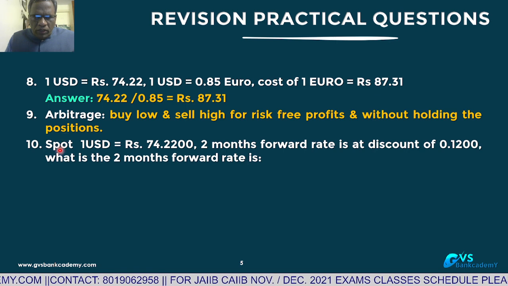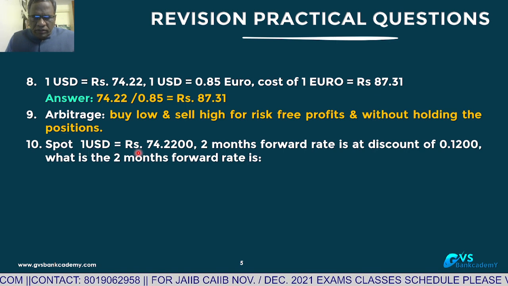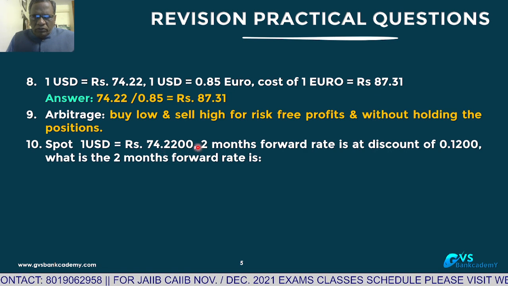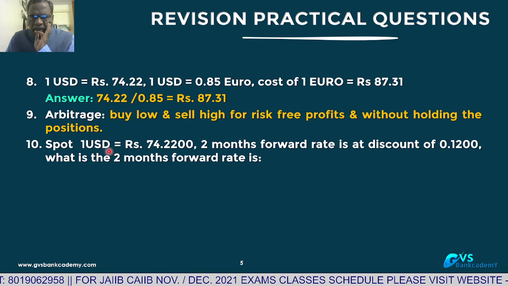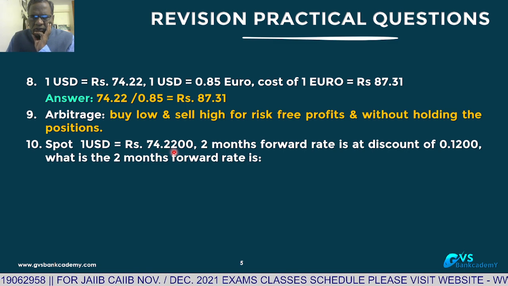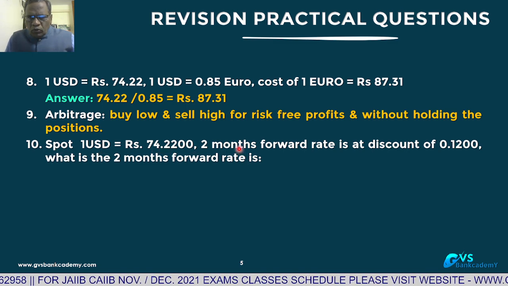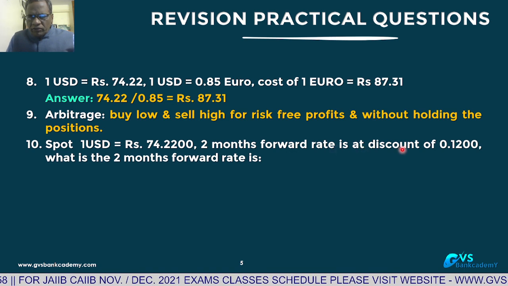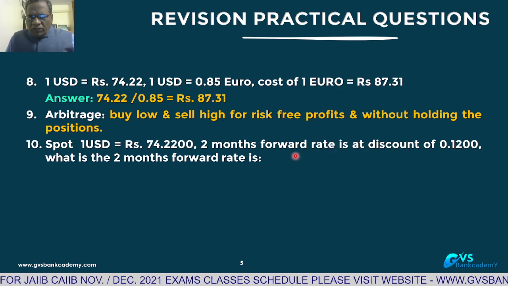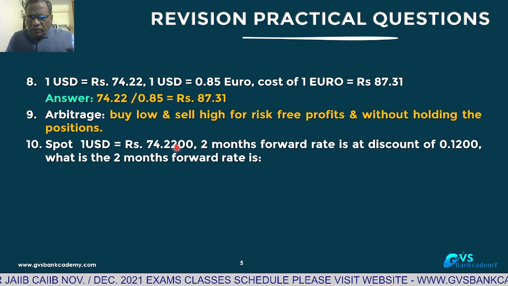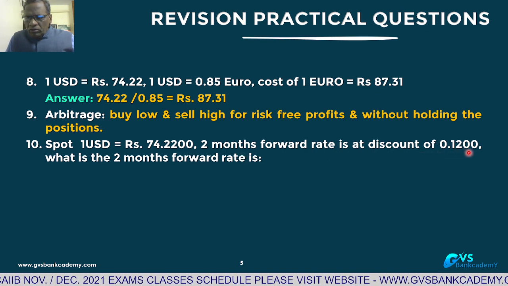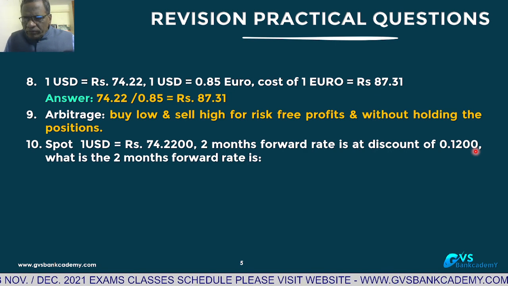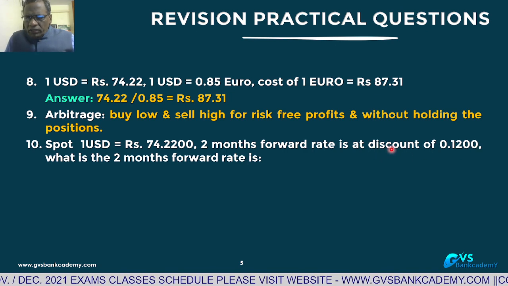Now, the $1 spot rate is 74.2200 in the spot market. The 2 months forward rate is at a discount. It is cheaper. The forward rate is cheaper than the spot rate. How much cheaper? 0.1200 cheaper. So the dollar is quoting cheaper in the forward market.